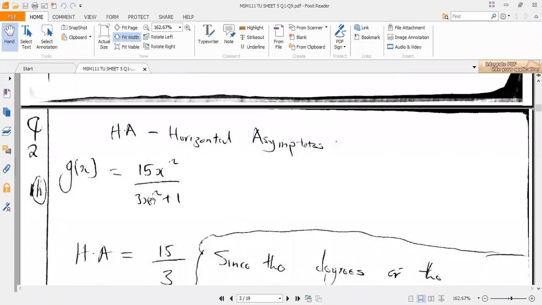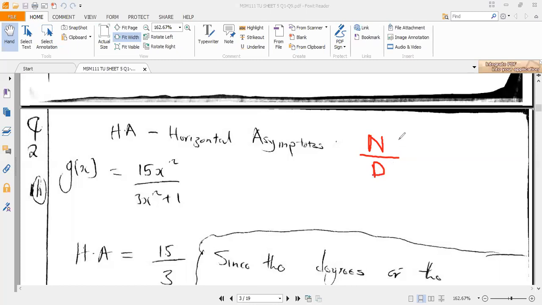So I explain, yes. Okay, so we have something like this. Here I'm saying that when the degree, let's say this is the numerator over denominator, right?